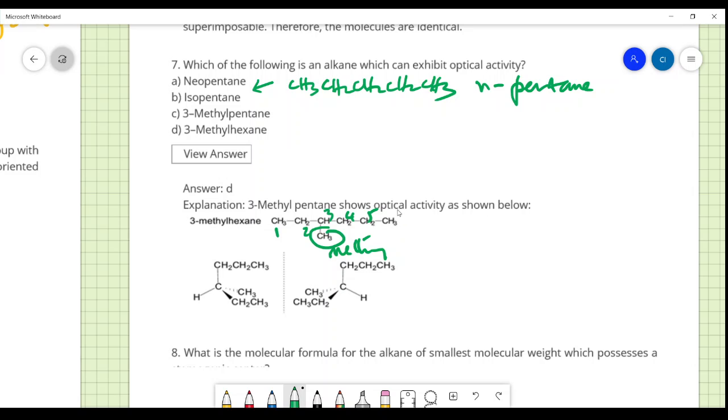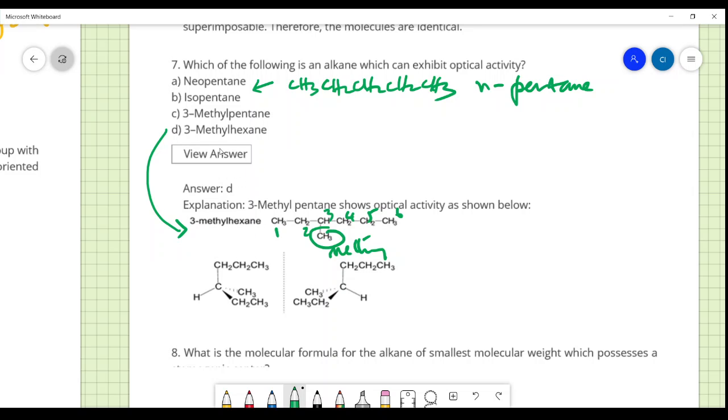So this one is 3-methyl hexane. Its answer is D. So 3-methyl pentane will not give you that particular activity, while 3-methyl hexane shows optical activity, and it is written like this. Answer is D. Explanation: 3-methyl hexane as shown below.